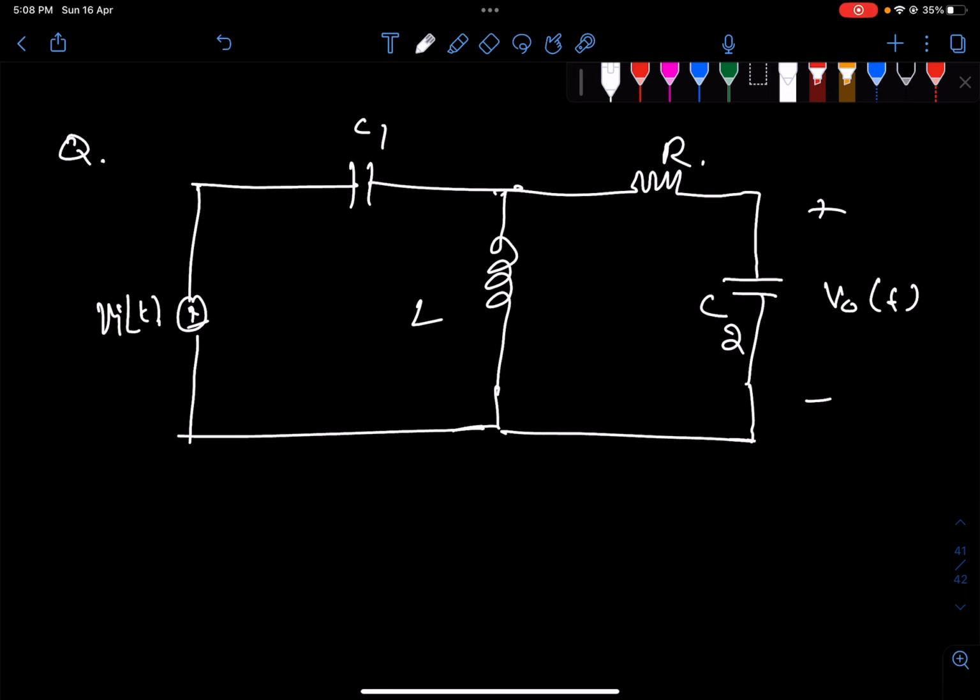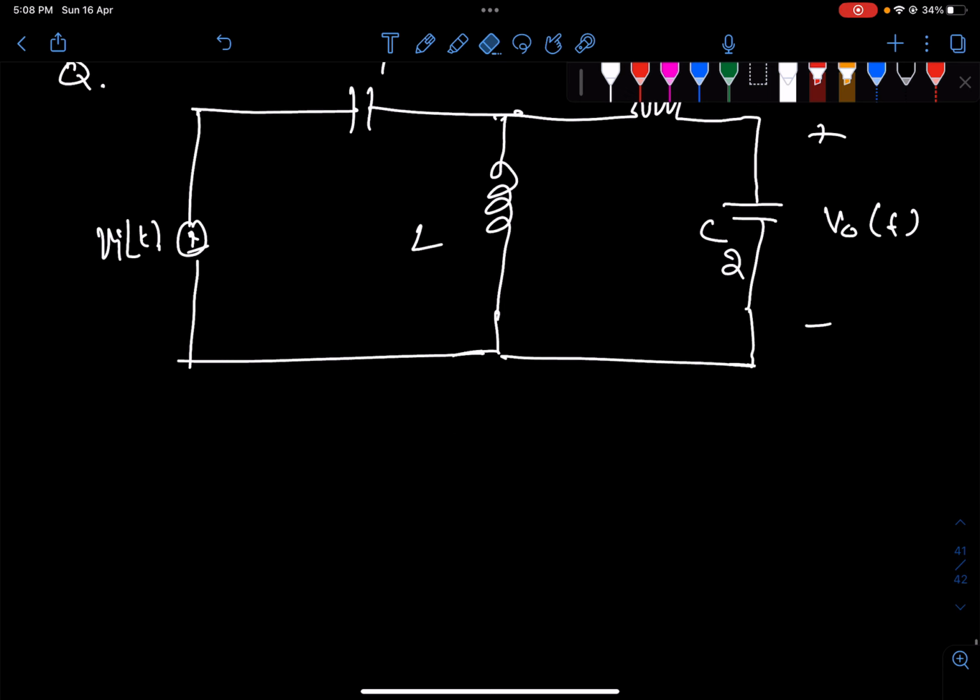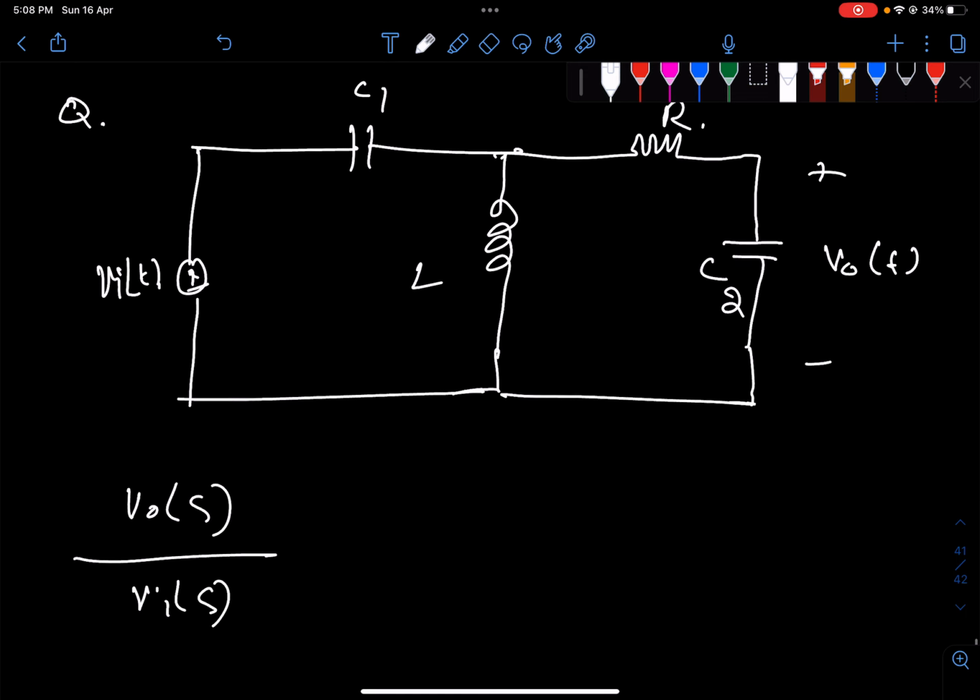While teaching you, I told you if the circuit is complex, don't write the equations, go straight to the transfer function. So what is the transfer function of this one? V0(s) divided by Vi(s), right? For that, we could consider two currents, I1(s) and I2(s).